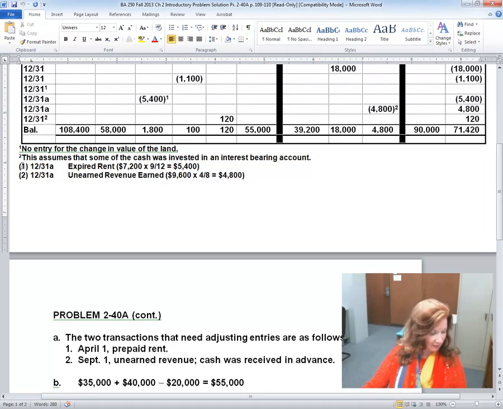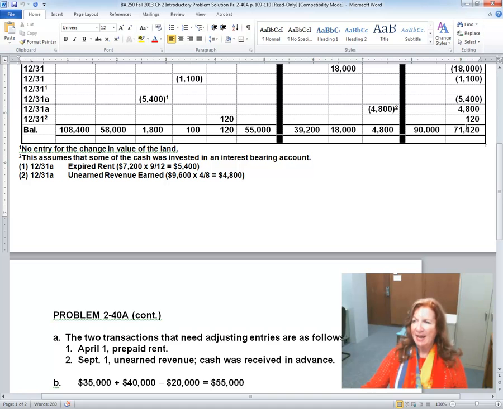Okay, now then, the next one says recognized $120 of accrued interest revenue. For accrued interest revenue, it says here at the bottom, this assumes that some of the cash was invested in an interest-bearing account.